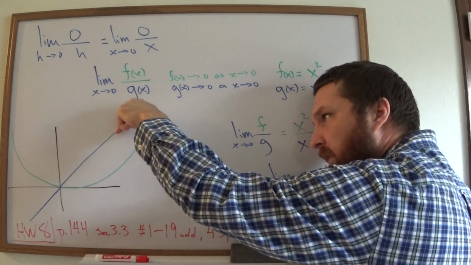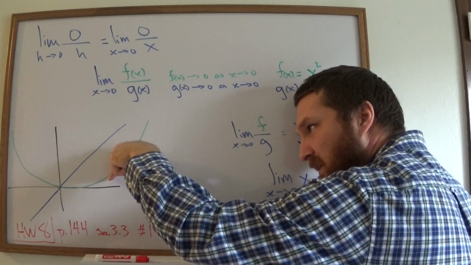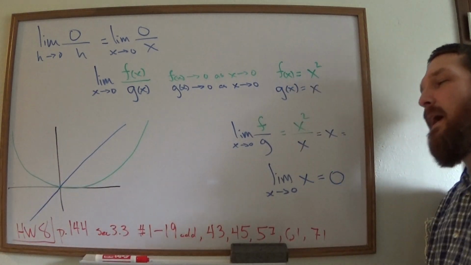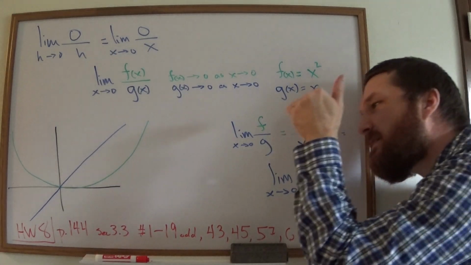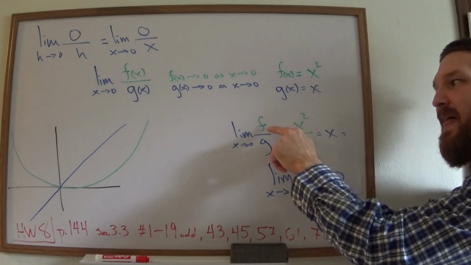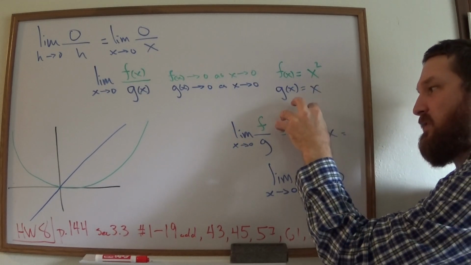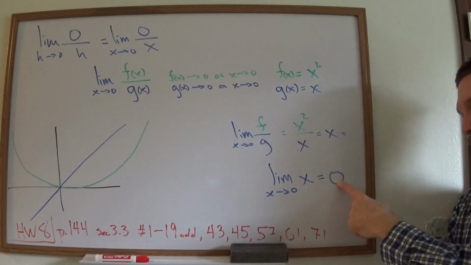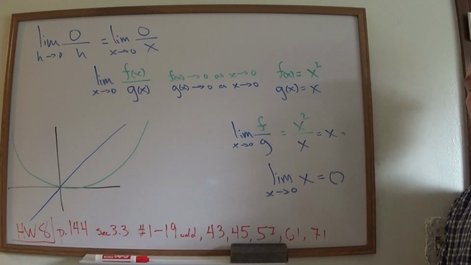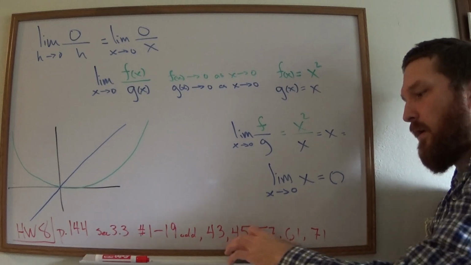In both cases, g is approaching 0. So is f, but f is getting there much quicker. We could say f is going to 0 faster than g is going to 0. And so f dominates this. It gets to 0 first. That's why this happens. That's one way of thinking about it, and we'll formalize this later on.